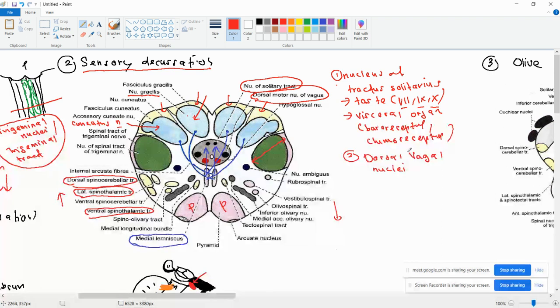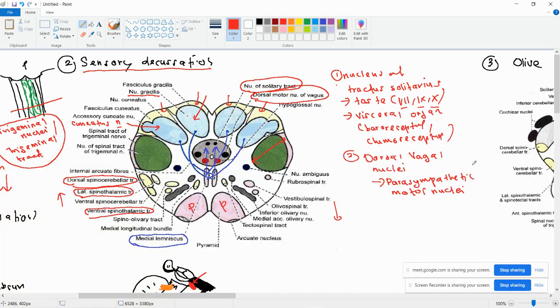Again, you will touch on this in detail in the cranial nerve topic when we talk about vagus nerve stimulation. The dorsal vagal nuclei are basically parasympathetic motor nuclei, where they innervate any involuntary muscle: smooth muscles, glands, cardiac muscles, in your neck, thorax and abdomen, your GIT, your stomach, your heart, right?